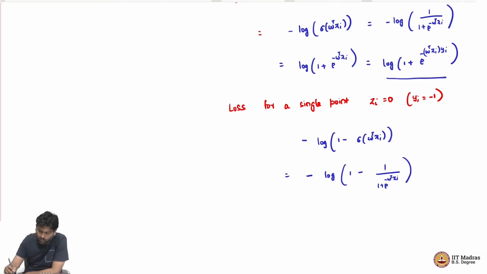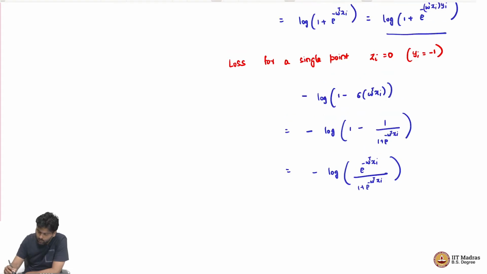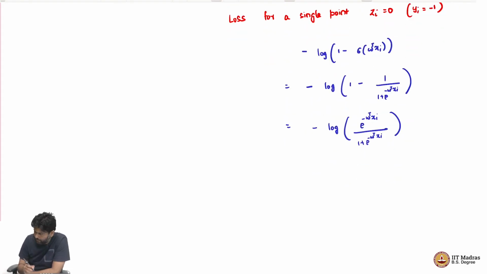This is just algebra, nothing major going on here. If you play around with this, you will get that this is just minus log of e power minus W transpose Xi by 1 plus e power minus W transpose Xi. Now I divide both the numerator and denominator by e power minus W transpose Xi.